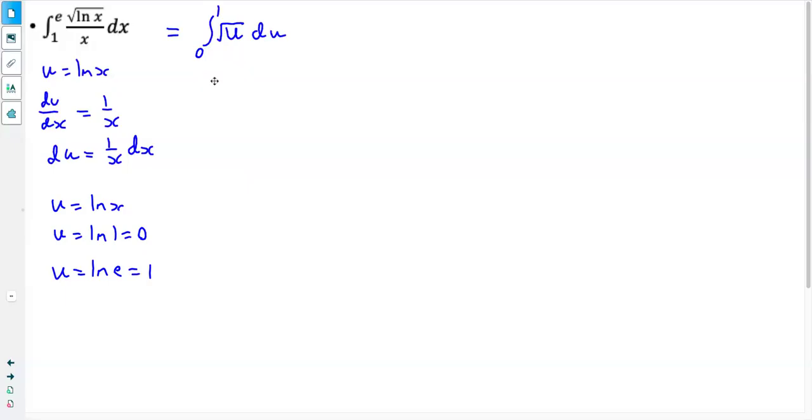Now, if we look at our integral of the square root of u, that is just going to give us 2 over 3 u to the 3 over 2, and then we're going from 0 to 1.